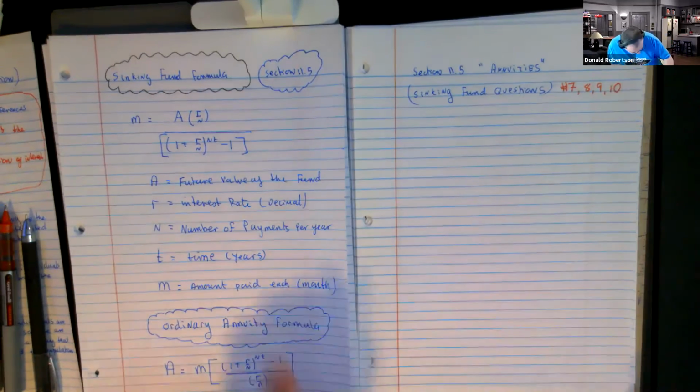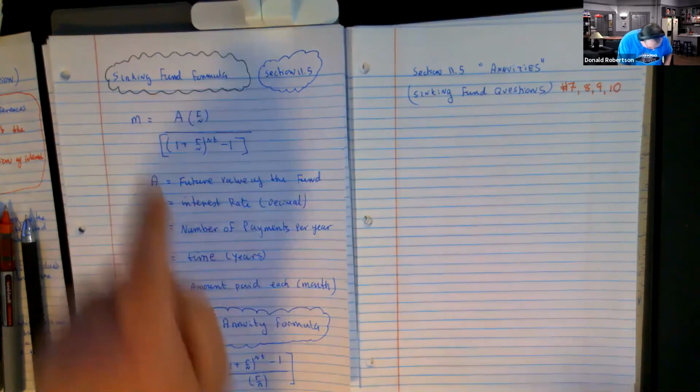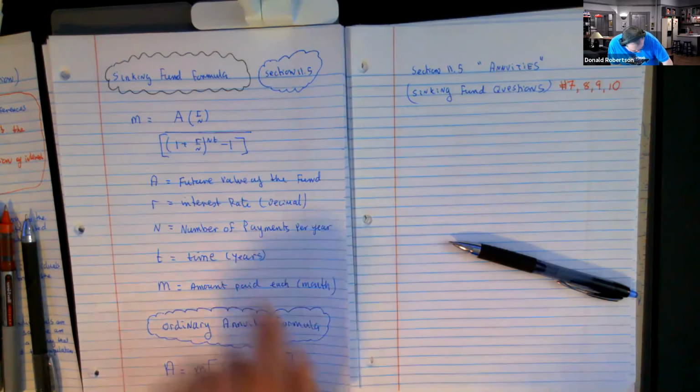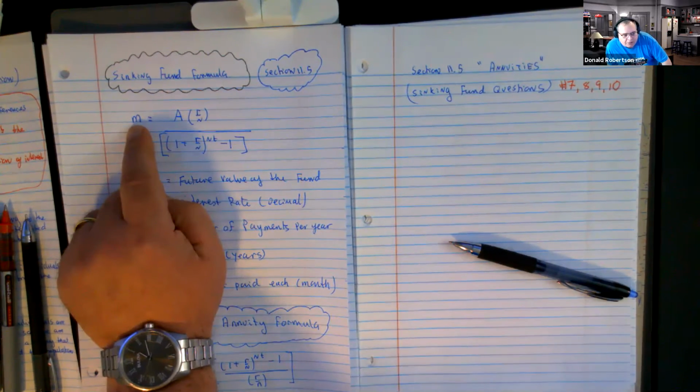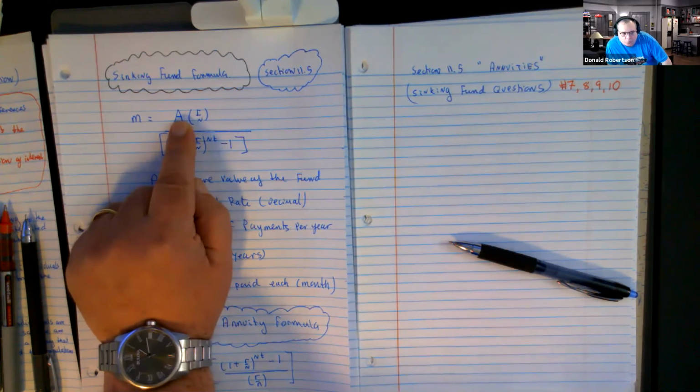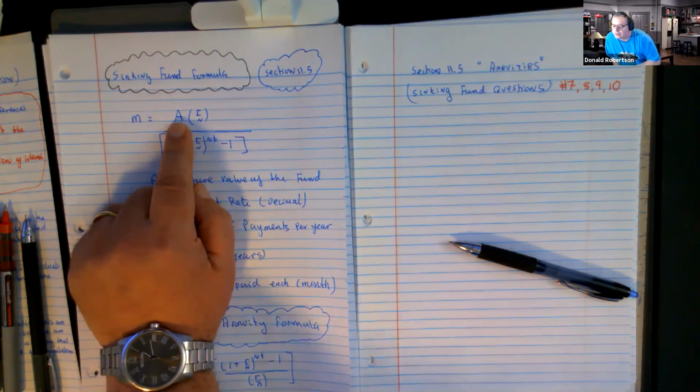And back to our guy. So essentially what you're going to use this formula for is: how much money, M, do I need to put away, typically a month, so that after a certain amount of time I will end up with capital A dollars.